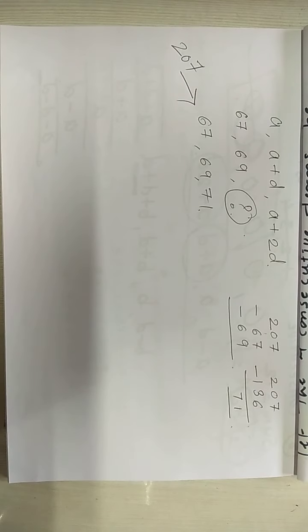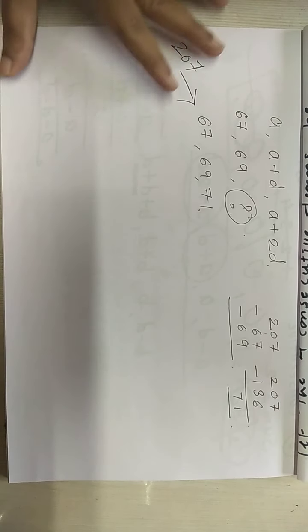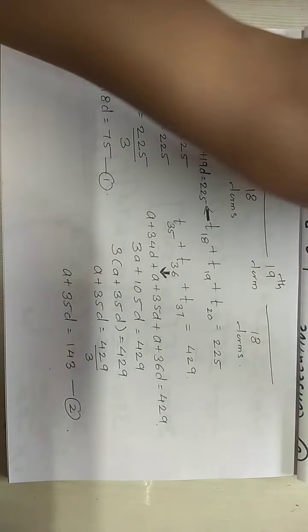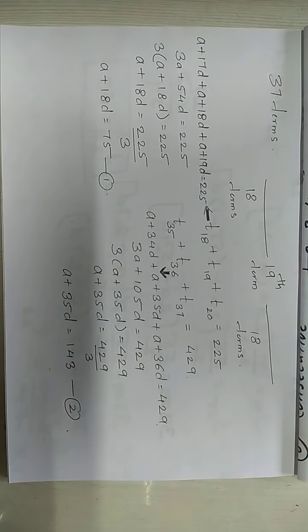Okay. Now question number 10. If you observe, in question number 10 the sum says that there are a total of 37 terms in the AP, and the exact center 3 terms. Now how to find the center 3 terms? If you divide 37 by 2, you get 18, because 37 doesn't go in the table of 2.